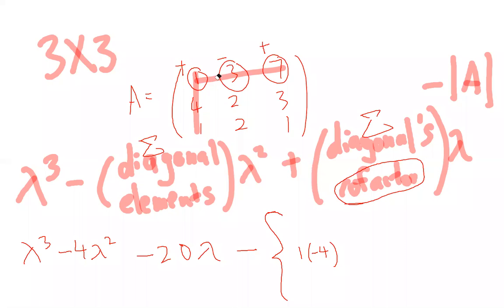Okay. And continue with the second element, which is 3. So it's going to be negative 3 times its cofactor, which is 4, 3, 1, 1. Okay. So 4 minus 3 is 1, so negative 3.